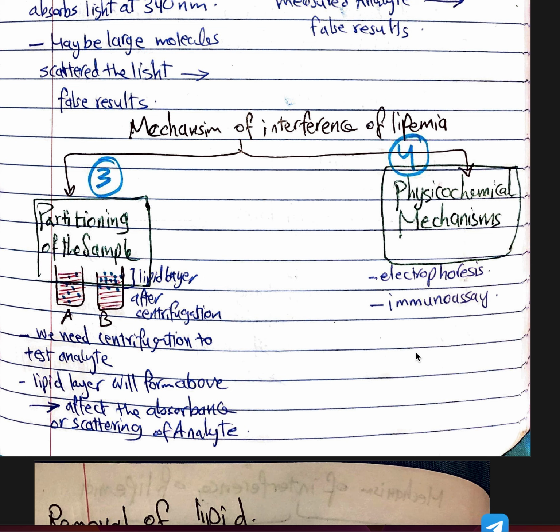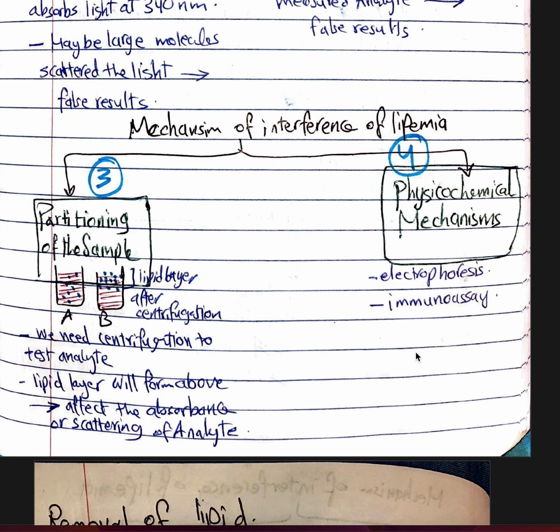Okay, so the other example is partitioning of the sample. We need centrifugation to test the analyte, and we do the centrifugation, and imagine there is also a lipid. The lipid layer will be above, and that affects the absorbance or scatters the light. How can that happen? Let's understand. It is called partitioning of the sample, meaning we are making a separation of the sample.